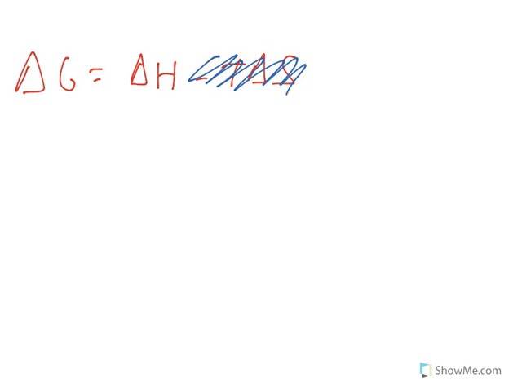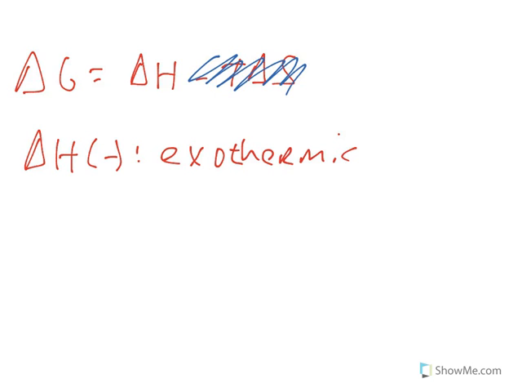So delta H negative is exothermic. So processes that are exothermic tend to make delta G becoming negative much easier.